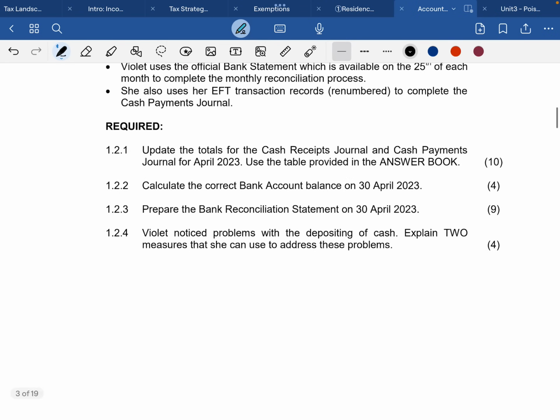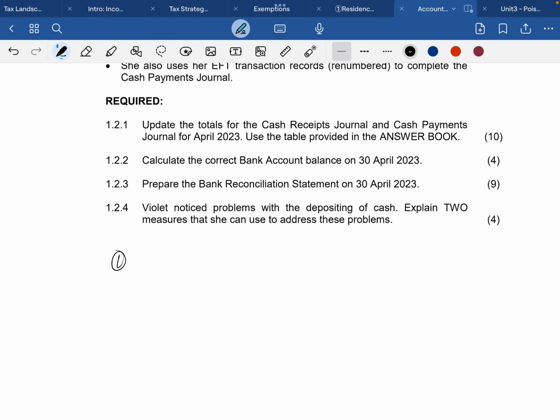Now, you also need to understand if the business makes an error, perspective is also an important aspect when you are doing bank reconciliations. When you make an error, you fix your errors in your cash payments journal or your cash receipts journal. So you fix on CRJ or CPJ. That's the business.